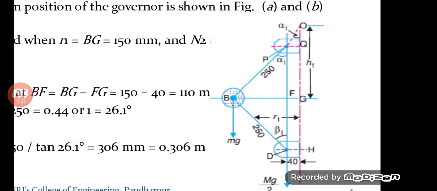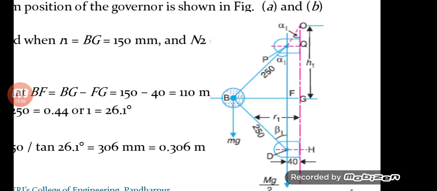Previously the P point was on that spindle axis in the first example, but here the P point is at an eccentric distance. Hence, when we extend this BP line up to the center of rotation, that point we are going to consider as the O point, and hence it will be used for the calculation of H2.